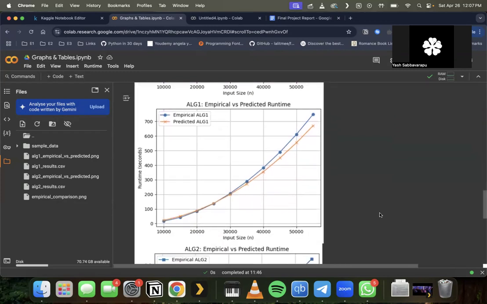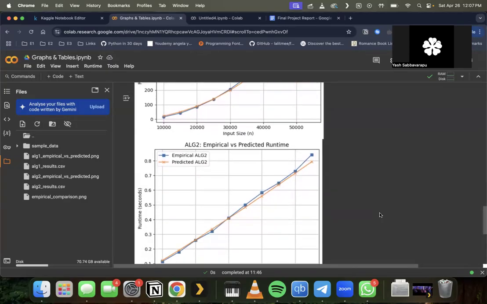The next two graphs show the empirical versus predicted runtimes for each algorithm individually, confirming that the experimental results closely match the theoretical expectations.